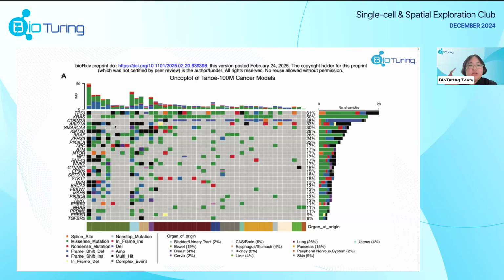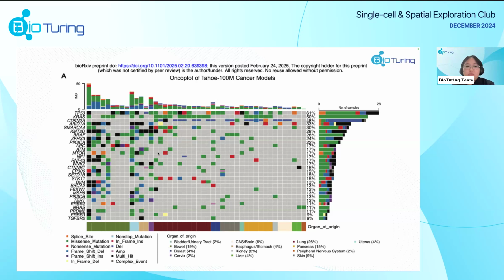And this genetic diversity is a key feature of Tahoe-100 because later on we will discover how these mutations affect the drug response, and it allows researchers to investigate how different genetic backgrounds influence the drug responses. And by combining this genetic information with the drug response data, we can explore how specific mutations impact the efficacy of different treatments.